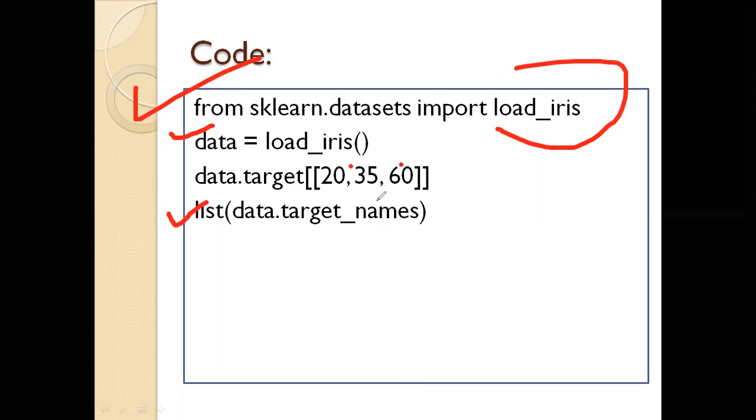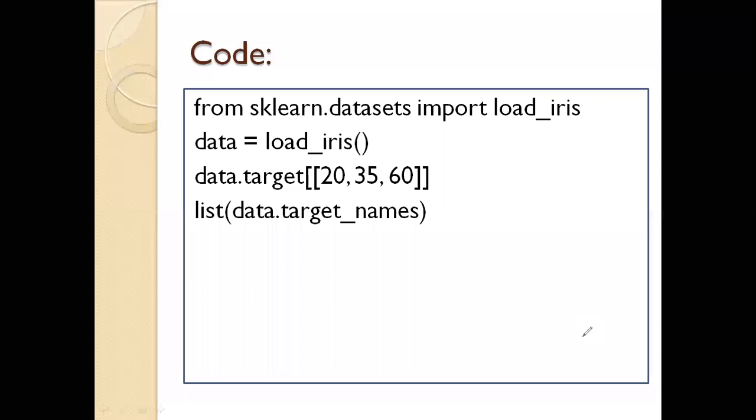What we want are class names, so data.target_names. From this data we are trying to retrieve the class names, and in data.target we take the particular samples 20, 35, 60. So that's the code. I hope each statement is now clear to you.